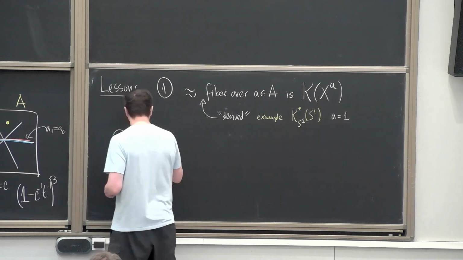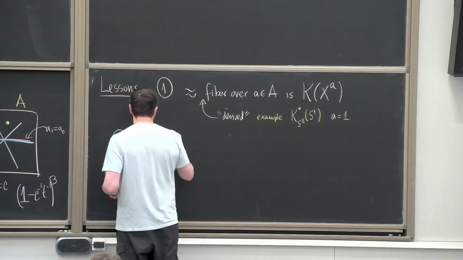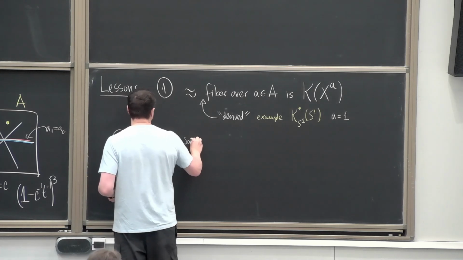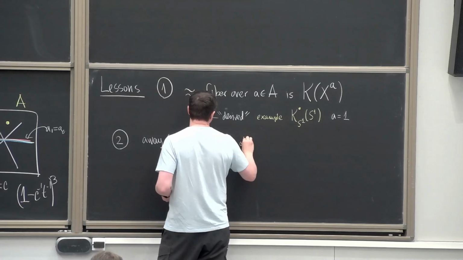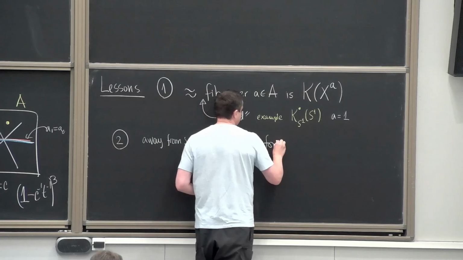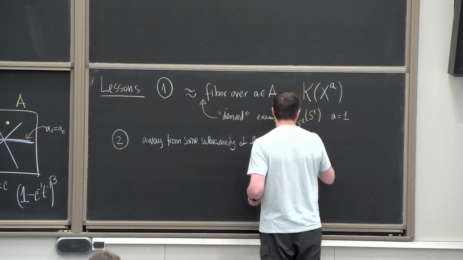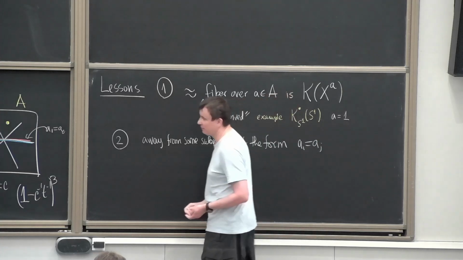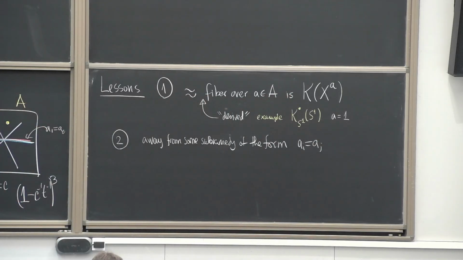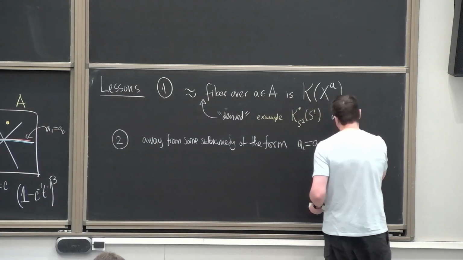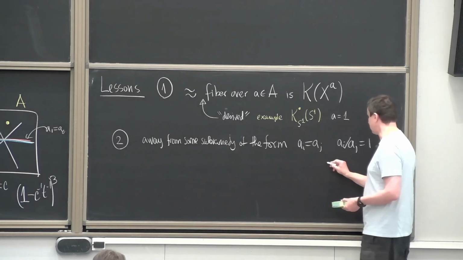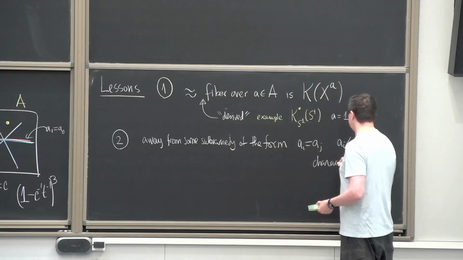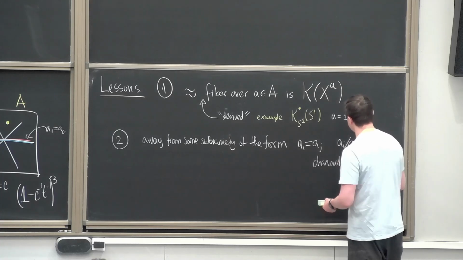So it says away from some subvariety of the form a_i equals a_j, or more generally, a_i minus a_j equals 1, and I can generalize it to be some kind of character of the torus, some kind of character b equal 1.